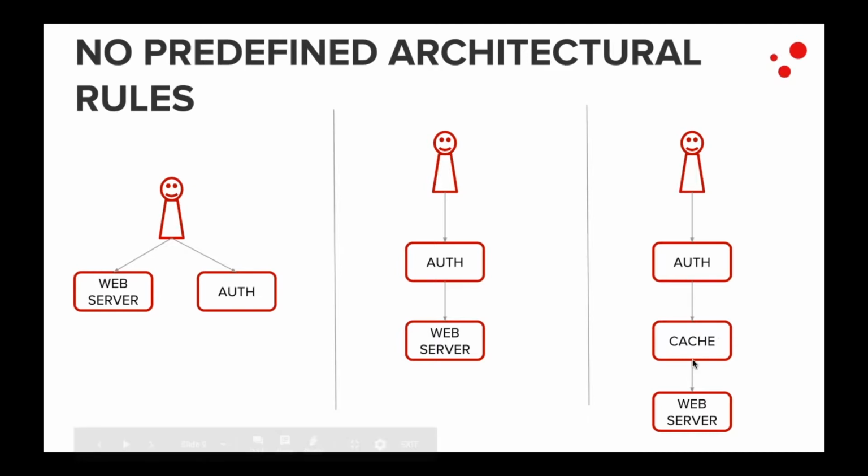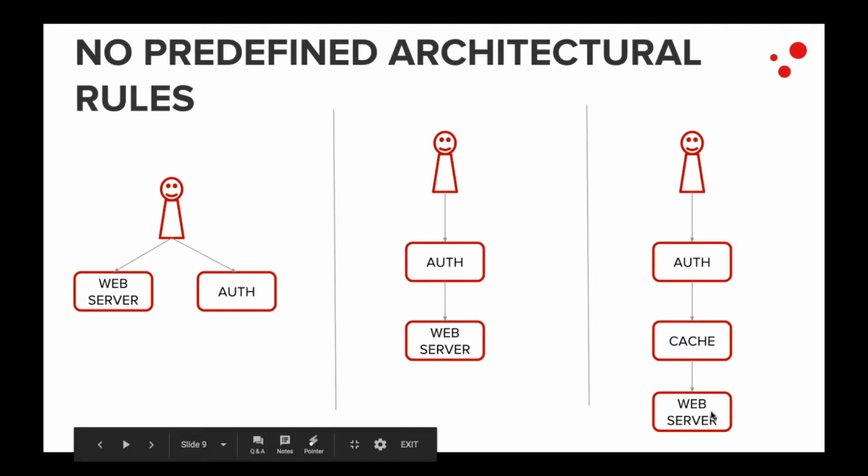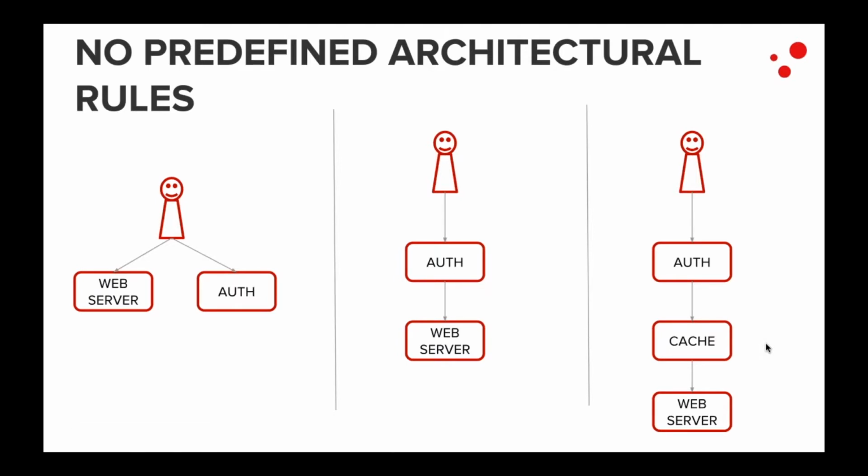If it's not present in cache, then we will go to the web server and generate it. Most of the requests will be served by the cache, so it's going to be secure and performant. But those three are just general ideas of how authentication and authorization can work overall. It's not mandatory to structure your architecture this way.